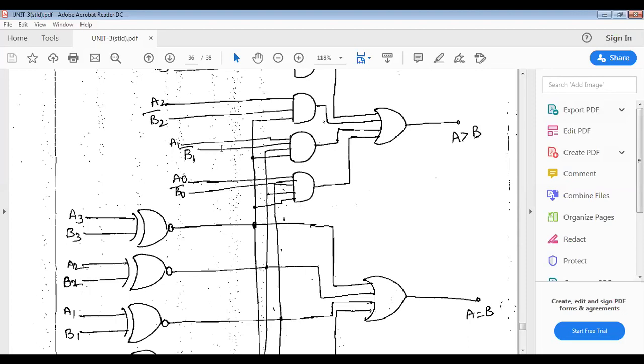Otherwise, if A1, B1 is also equal, we go for comparing the last bit, A0 and B0 bar.